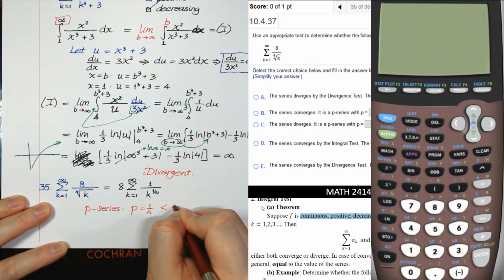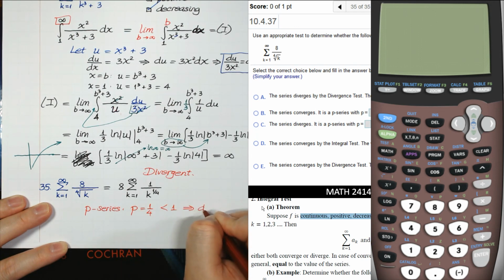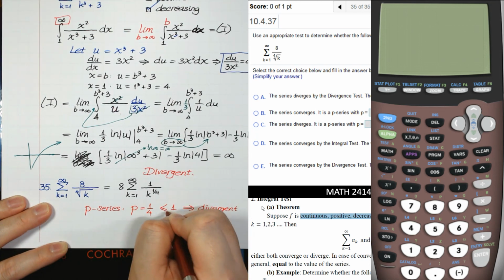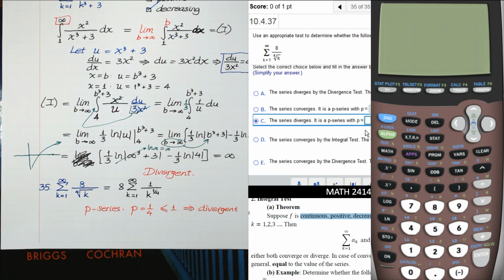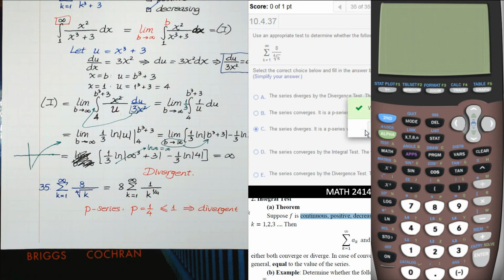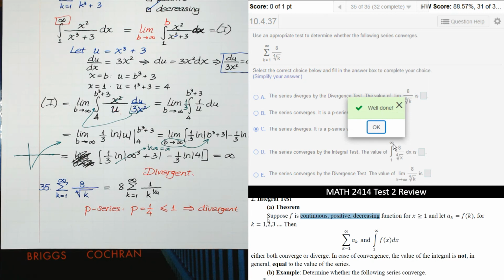When p is less than 1, it is divergent. Equal to 1 is also divergent. Of course, the integral test also works, but using the p-series is a lot easier. So that's what we have.